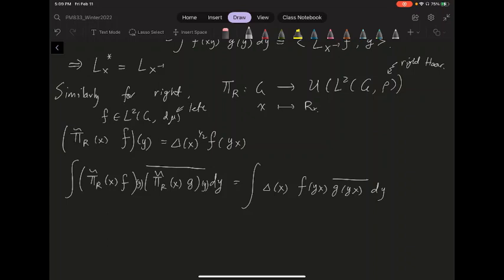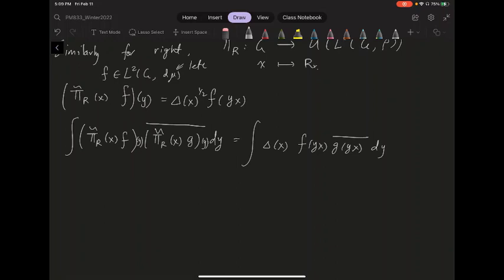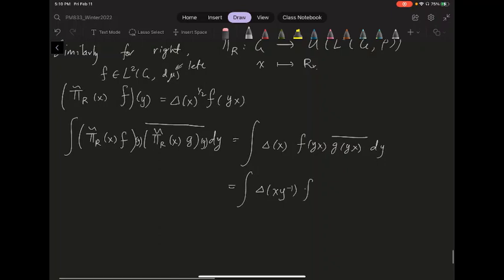Now, because you're integrating against dy, using the modular function you can reverse it to y inverse. But by doing that, you need to compensate by the modular function of y inverse. So this equals, by the modular function homomorphism, let me write the y inverse inside here, and you replace each of these y by y inverse: g of y inverse x dy.